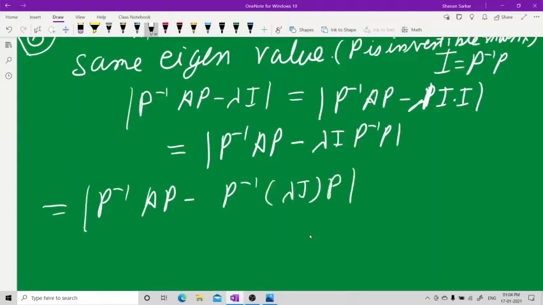No issue, this is just a simple scalar multiplication. Now I take P inverse common, A minus lambda I in the middle, and P here.